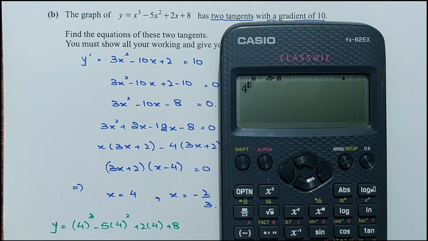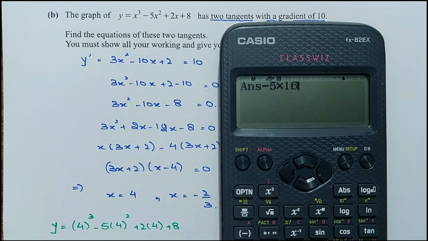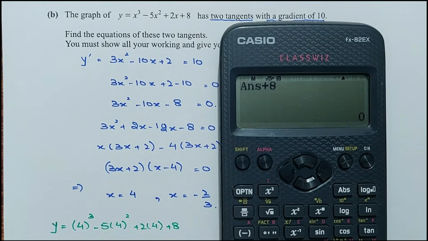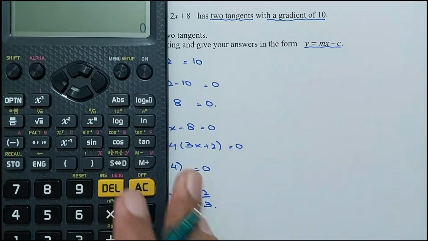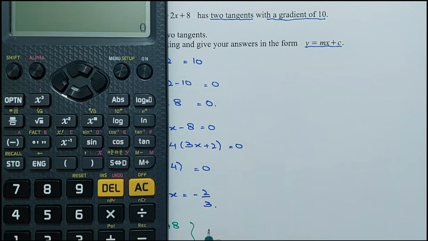So 4 cube minus 5 times 16, 4 square is 16, plus 2 times 4 and plus 8. The y value is 0, right? Let me check the second y value.